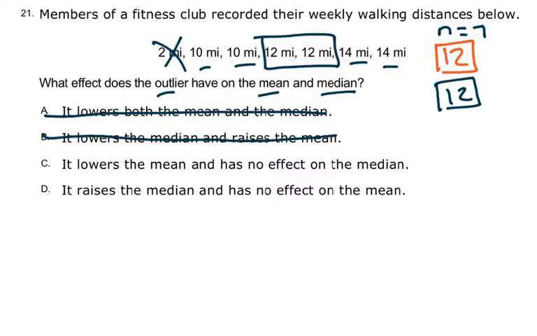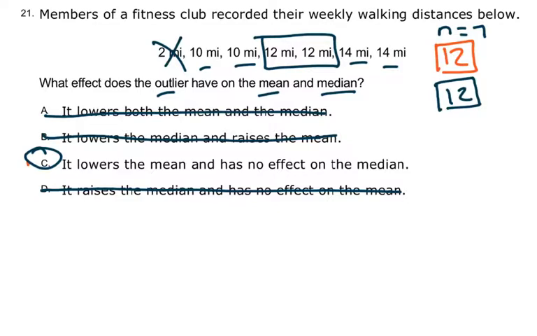C says it lowers the mean and has no effect on the median. Well, we don't know quite yet, so we'll just put a little dot here to come back. D says it raises the median and has no effect on the mean. Well, we know the median doesn't change, so we can eliminate D. So we've already eliminated 3 of our 4 answer choices. So chances are C is our answer. But let's just double check to make sure.